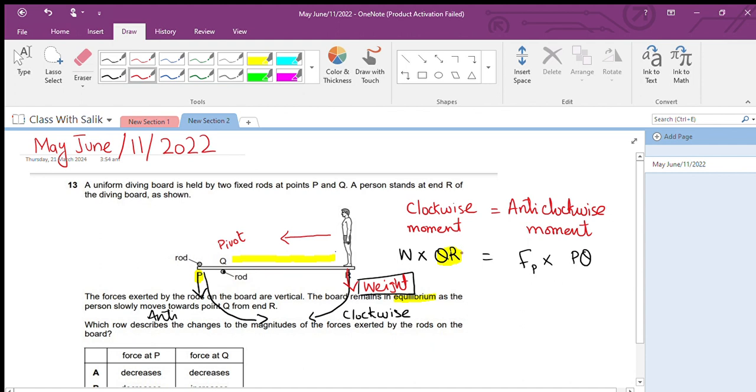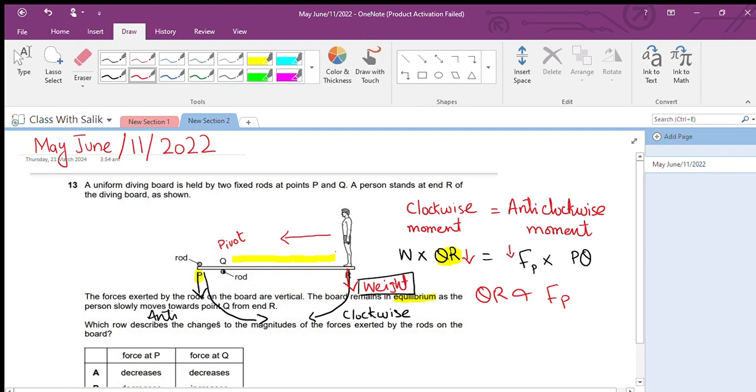When the person is moving towards Q, obviously QR will decrease. When QR decreases, the force at rod P will decrease, because these two quantities are directly proportional to each other. So when QR is decreasing, FP, the force at rod P, will also decrease.